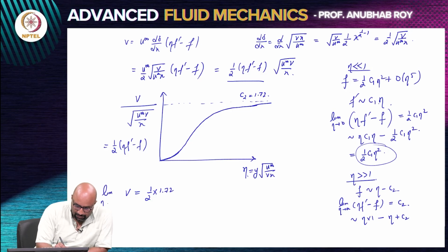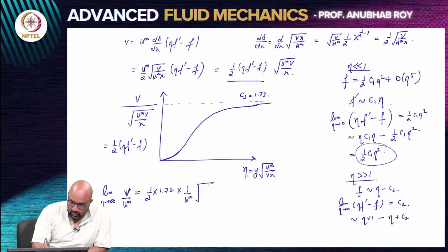So, in the limit of eta going to infinity at the edge of the boundary layer, eta f dash minus f is 1.72 into square root u infinity nu by x. So, this is V. If I write this as V by u infinity, this would be 1 by u infinity square root u infinity nu by x.